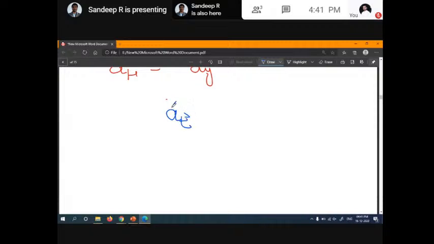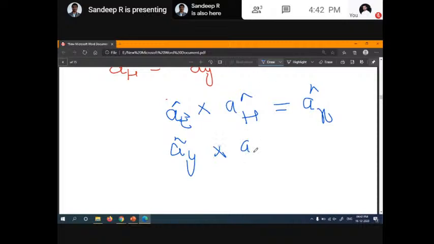AE cross AH should be equal to AX. But in the second case, AE is AY. So AY cross AH should be equal to AX.